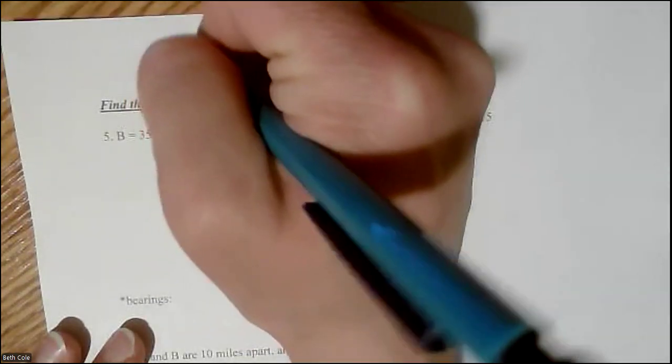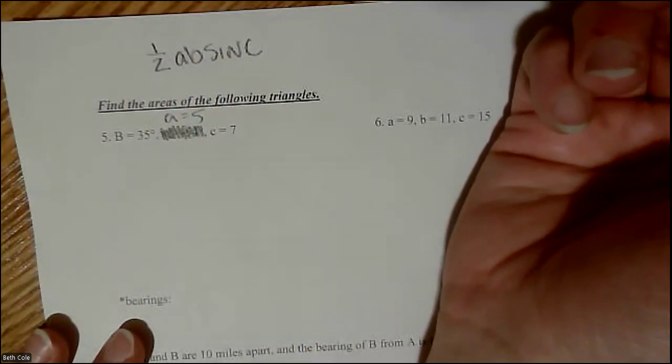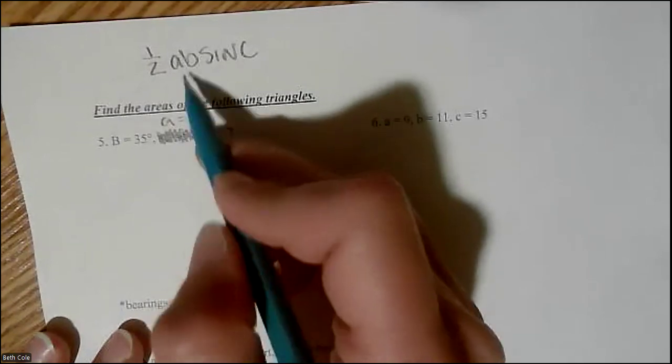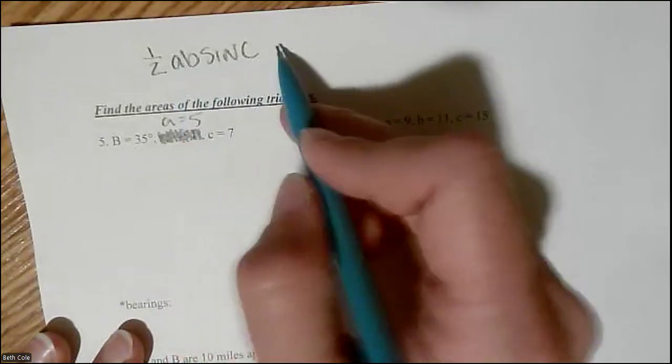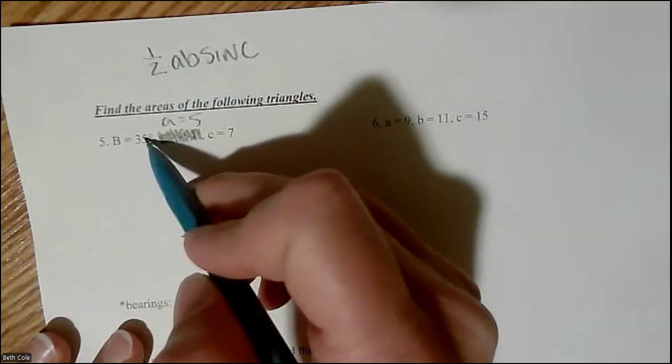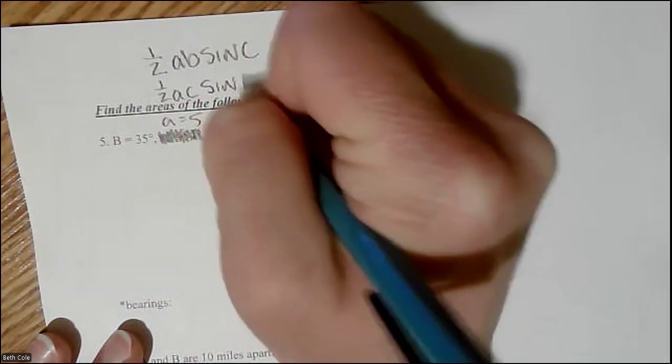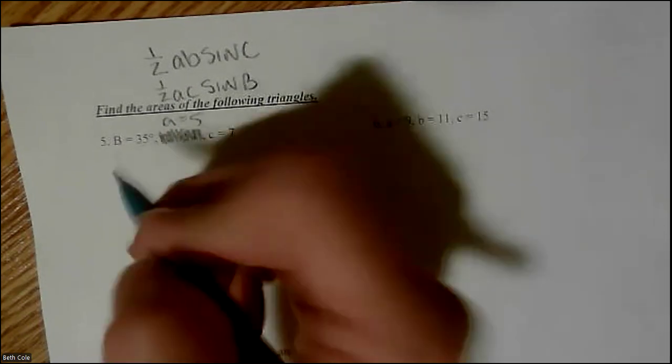It can be 1/2 AB sine C, or you can jumble the letters. In this case, that's always the one I think of first because it's ABC. So that's how my brain remembers it. But if you have angle B, you can do 1/2 AC sine of B. The third version would be 1/2 BC sine A. You can just jumble the letters around.